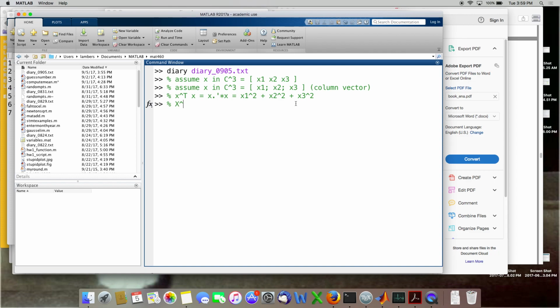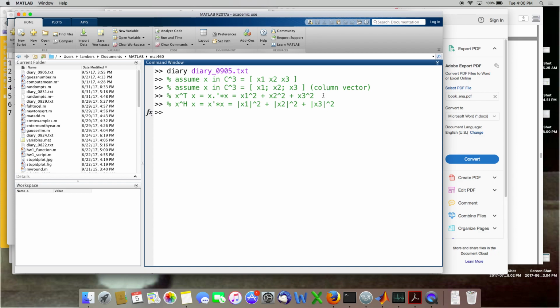But x Hermitian transpose x, superscript H, which would be x without the dot, transpose times x, would be the absolute value of x1 squared plus the absolute value of x2 squared plus the absolute value of x3 squared.